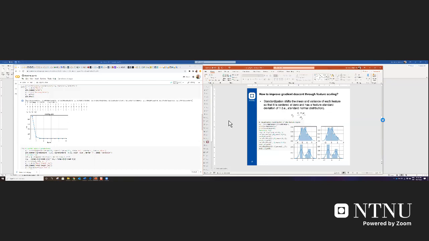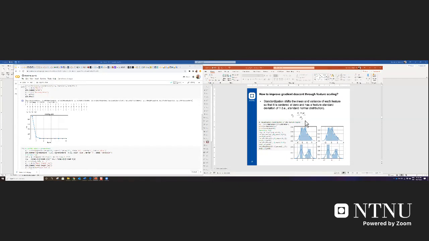So how to improve the gradient descent using feature scaling? We use standardization, which will shift the mean and the variance of each feature so that it's centered at 0 and has a standard deviation of 1. So we will just apply this formula, and we will standardize all our feature space.